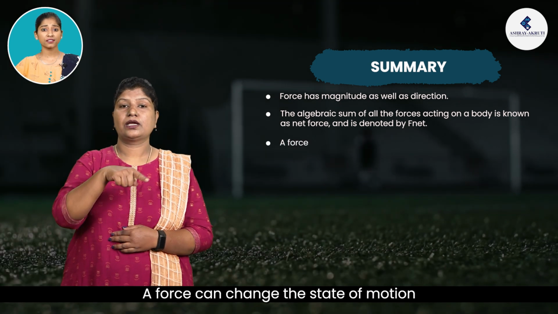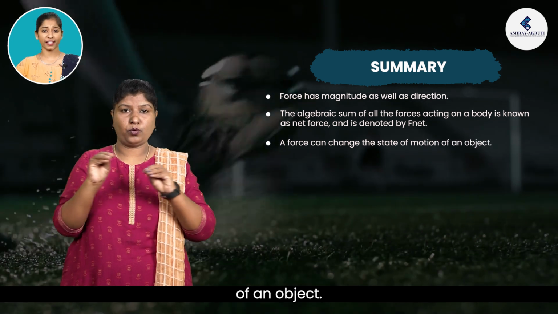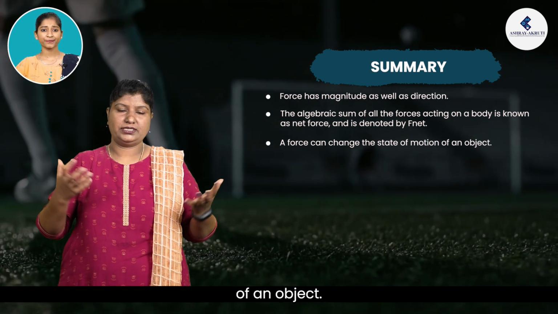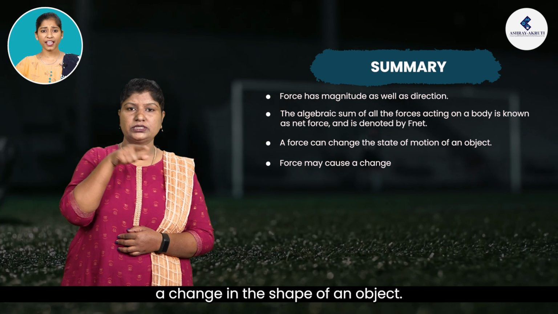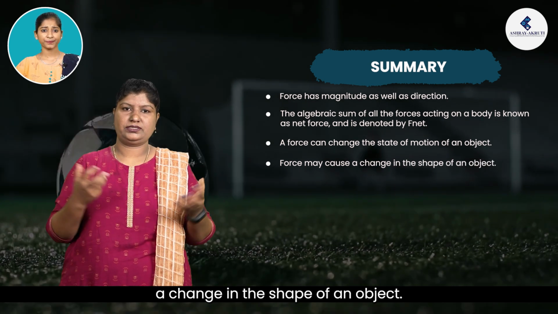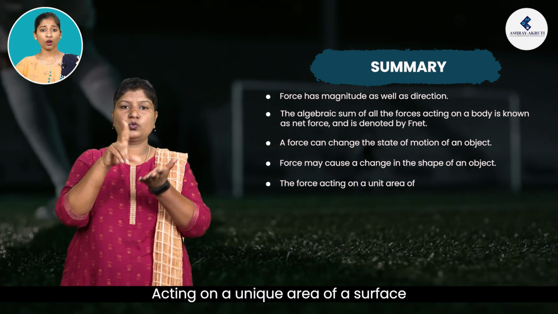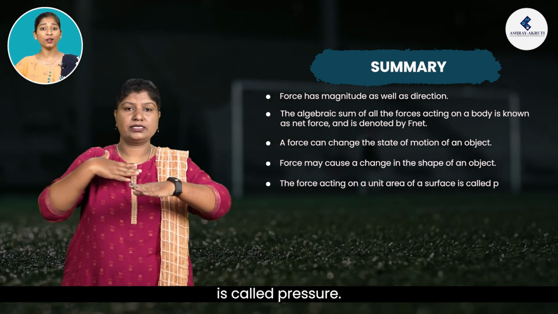A force can change the state of motion of an object. Force may cause a change in the shape of an object. A force acting on a unit area of a surface is called pressure.